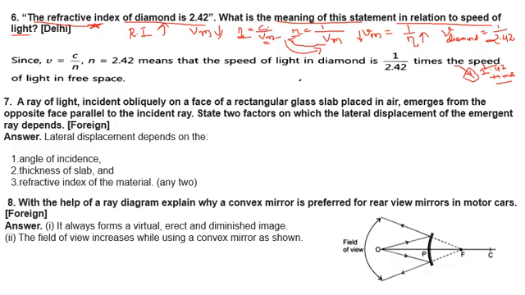Now let's take the next question. A ray of light incident obliquely on the face of a rectangular glass slab placed in air emerges from the opposite face parallel to the incident ray. Just now we did about this.